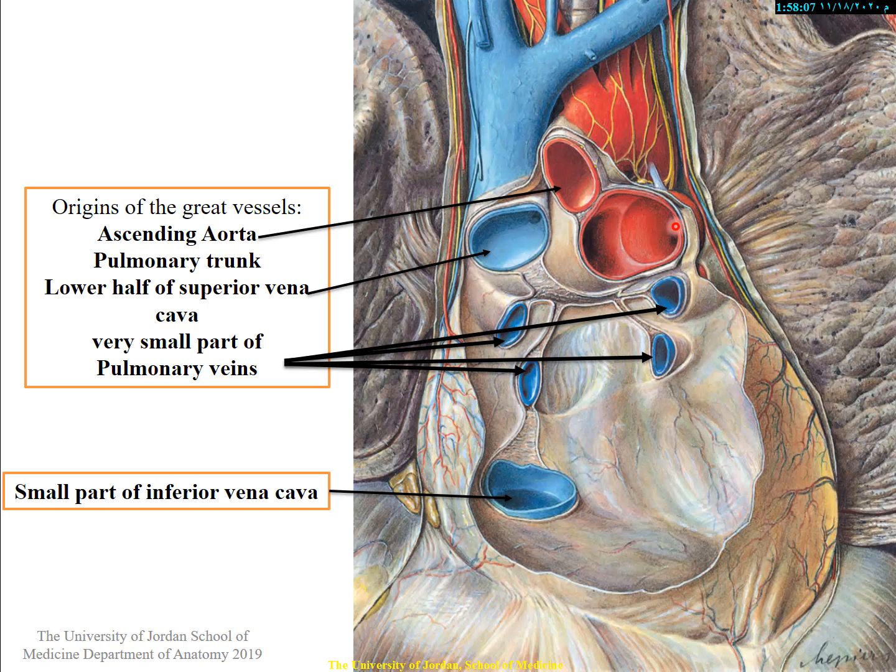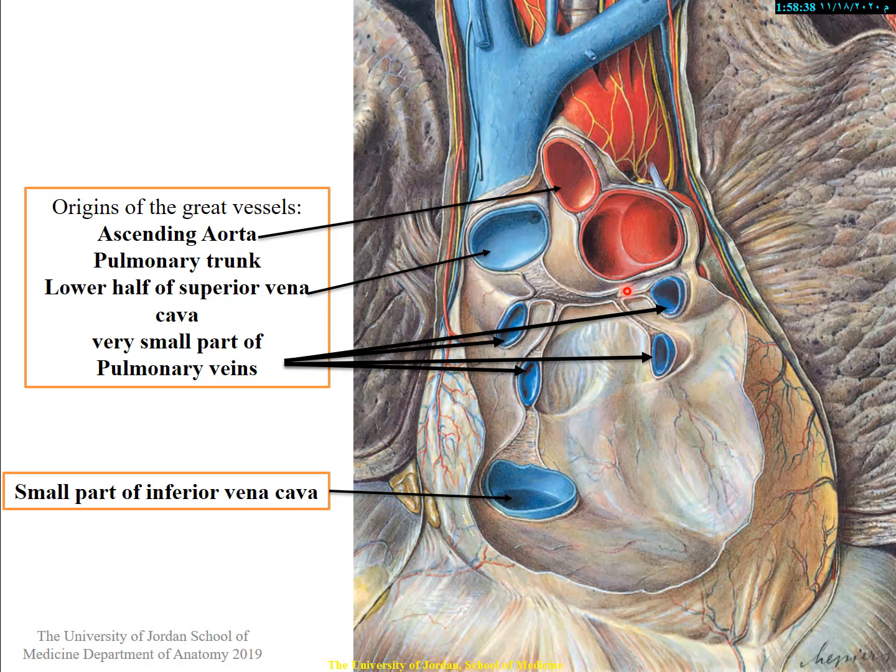In this diagram, as you can see, the pericardium has been opened. These are the edges of the pericardium, and also the heart itself has been removed, and you can see in this very beautiful diagram the structures within the middle mediastinum. Those are the bifurcation of the pulmonary trunk.